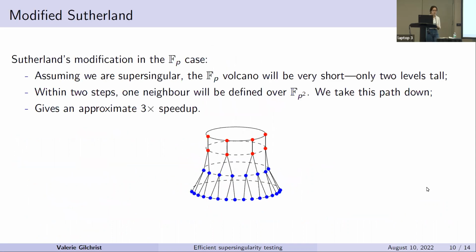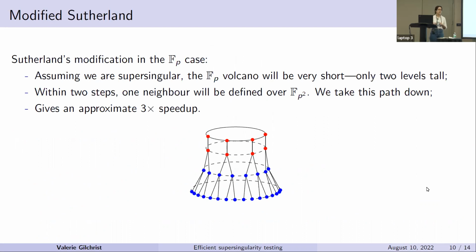So the first modification that was due to Sutherland in the same paper, for specifically the CSIDH case, when we are only concerned with curves over FP, is that assuming we are supersingular, the FP portion of the volcano is actually quite short. It's these red dots here. It's just 2 levels. So this means within 2 steps, we're going to find a neighbor that's in FP squared.